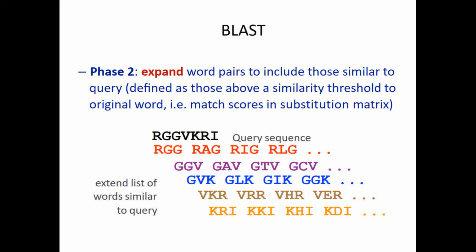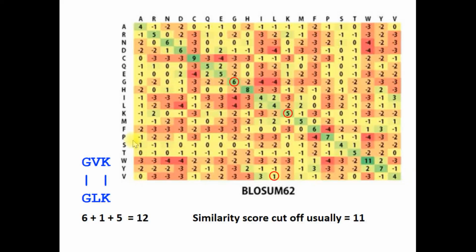We list all the possible combinations, and then we use a similarity threshold to cut it off. For example, GVK and GLK: we can calculate the match score for GLK based on the BLOSUM62 substitution matrix.